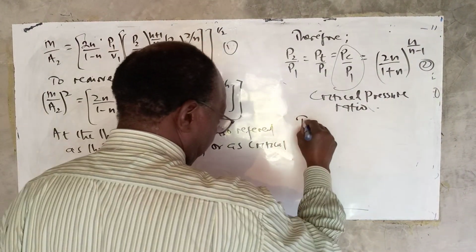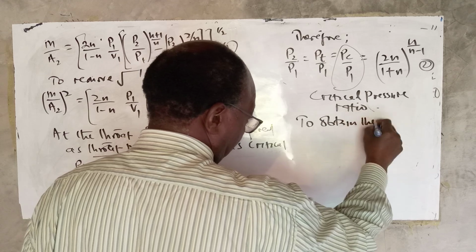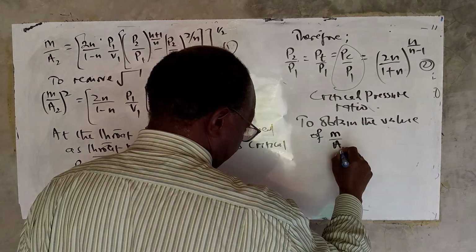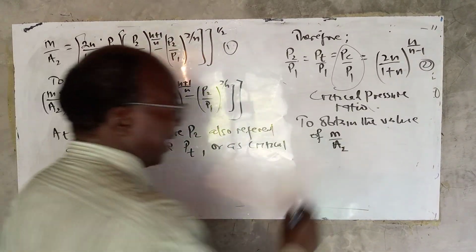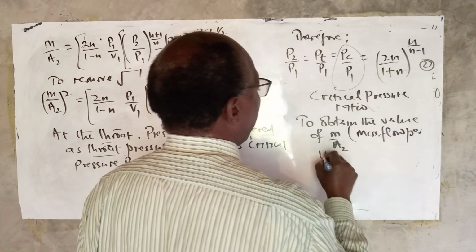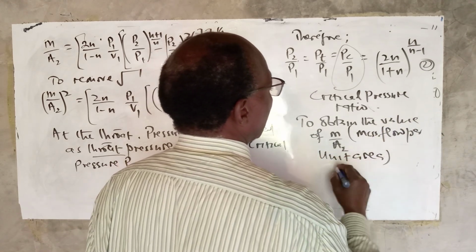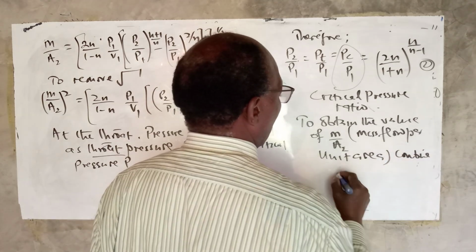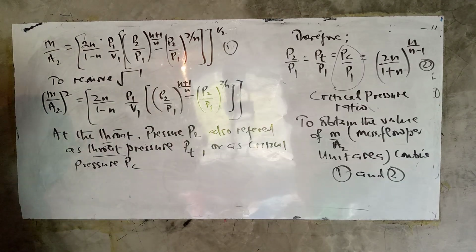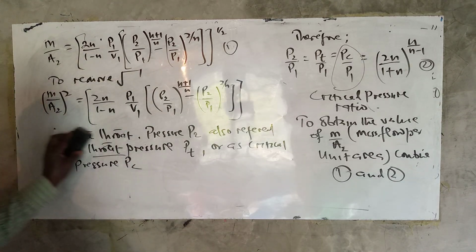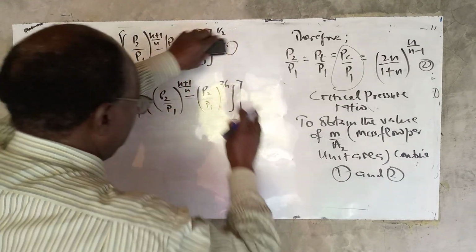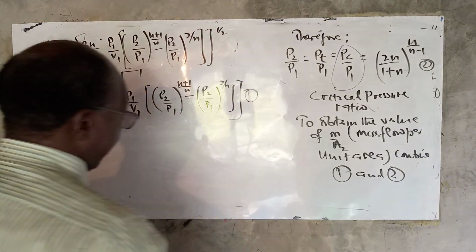So to obtain the value of m over a2, that is the mass flow per unit area, we combine 1 and 2. And that's very straightforward. Combining 1 and 2 is very easy. Let's call that 1. That's the one we are interested in.